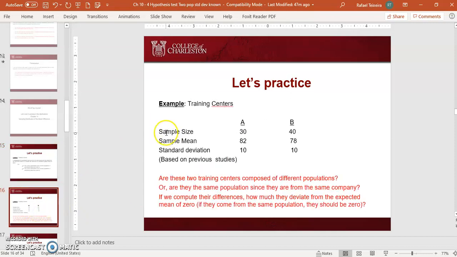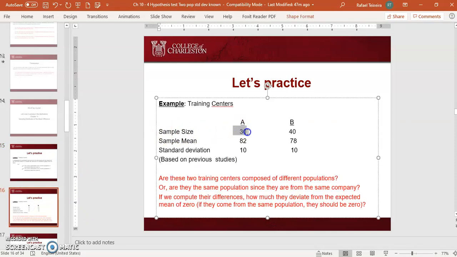And then we collect a sample, which has 30 students from Center A, 40 students from Center B. We compute their mean scores, 82 and 78, and we know their standard deviation. Remember, this is the case where I know the population standard deviation, which is 10 and 10.